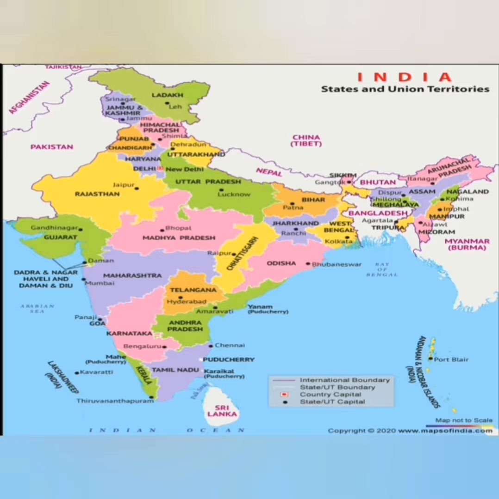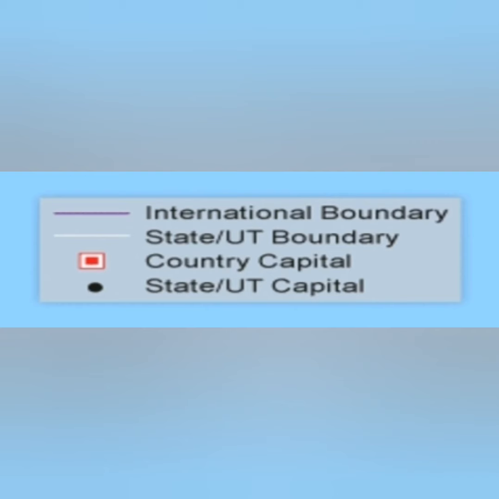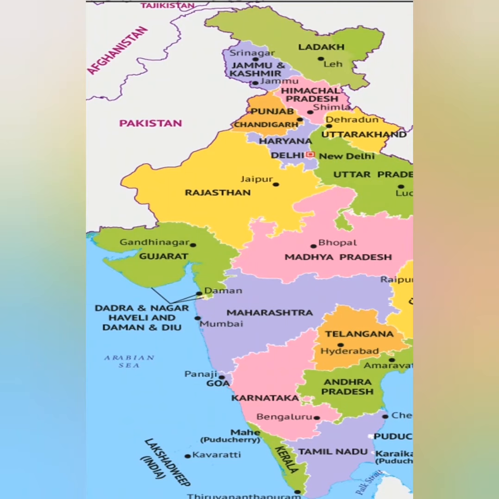Such maps are called political maps. Here, the black dot is the conventional sign for showing state capital, right? Now here you can see Gandhinagar marked with a black dot in Gujarat. That means Gandhinagar is the capital of the state Gujarat.